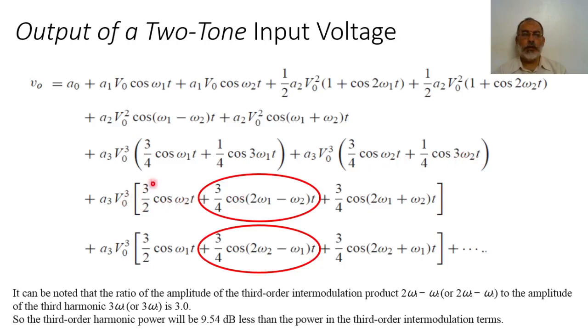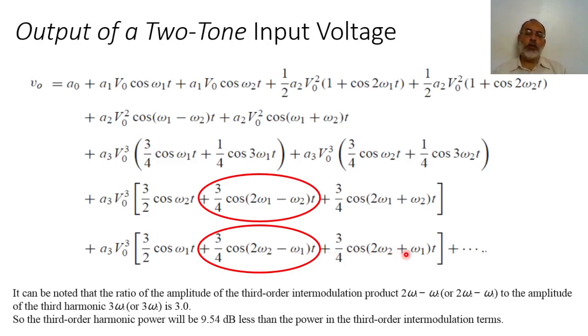In addition, we have components with frequencies 2ω1 − ω2 and 2ω1 + ω2. Similarly, we have components with frequency 2ω2 − ω1 and 2ω2 + ω1. Okay?